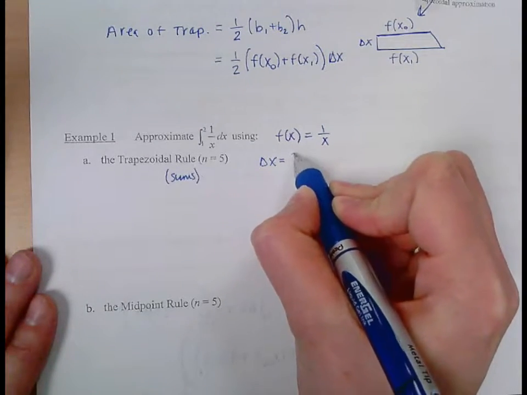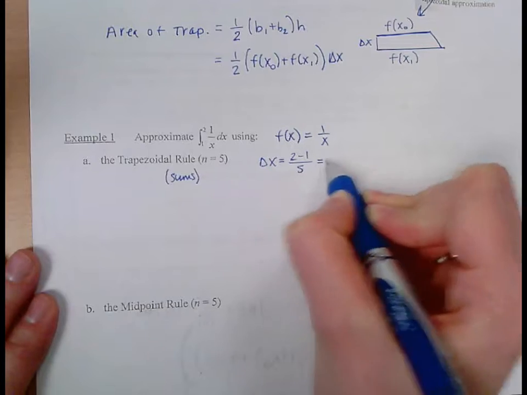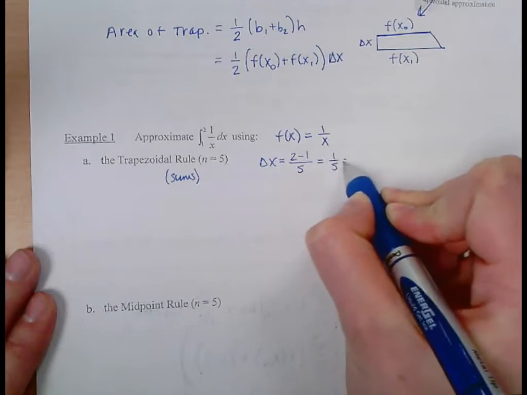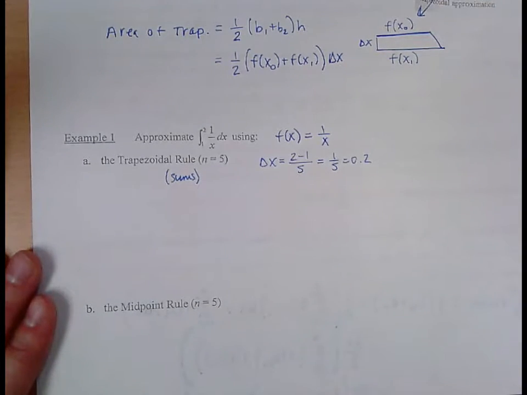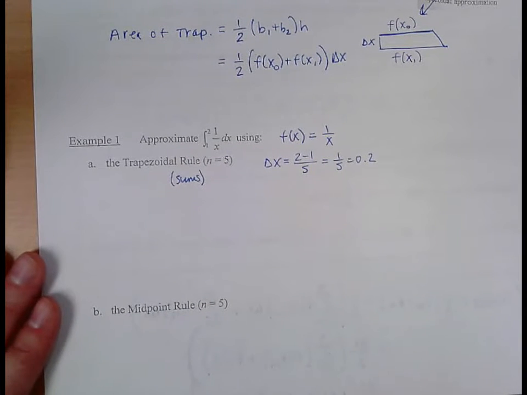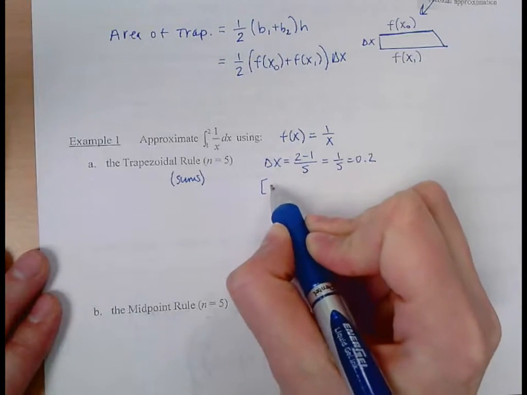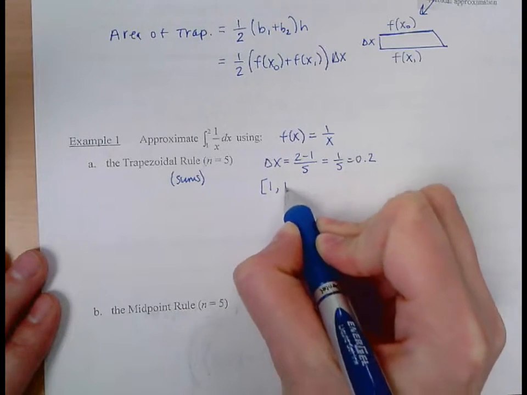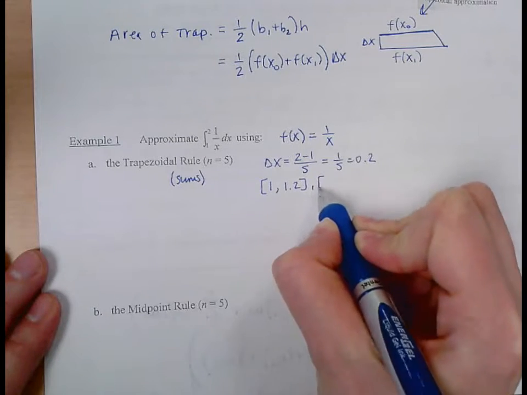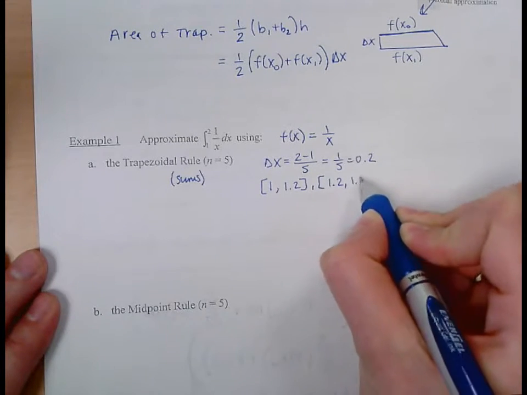Delta x would be 2 minus 1 over 5, so 1/5 or 0.2. Then I'm going to list out all the intervals. We're starting with 1, so the first interval is from 1 to 1.2, and so on.